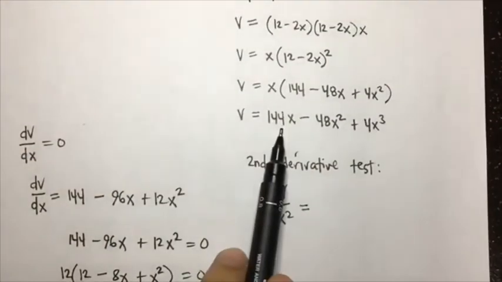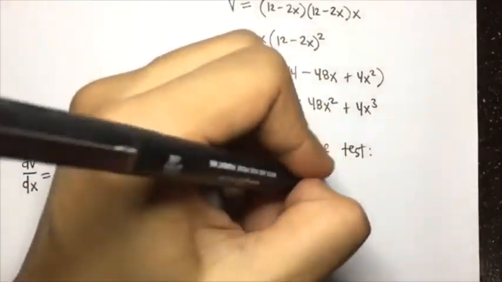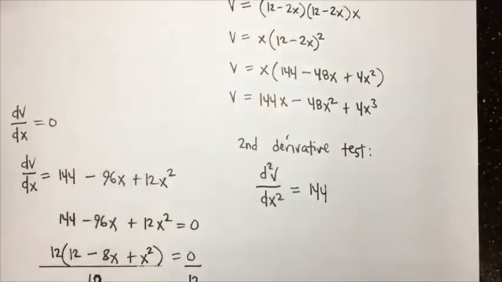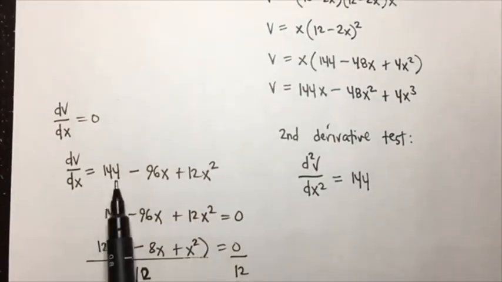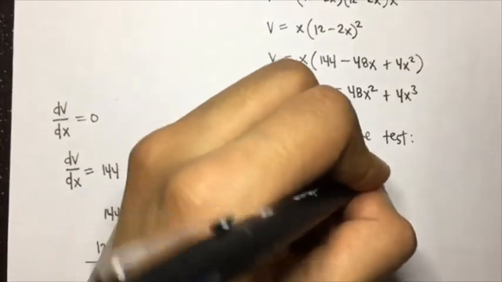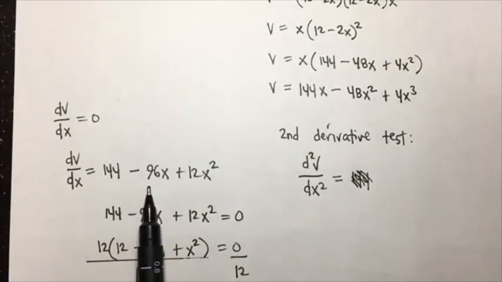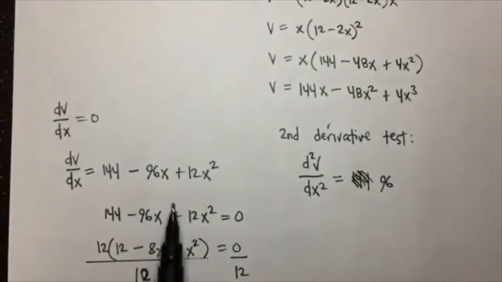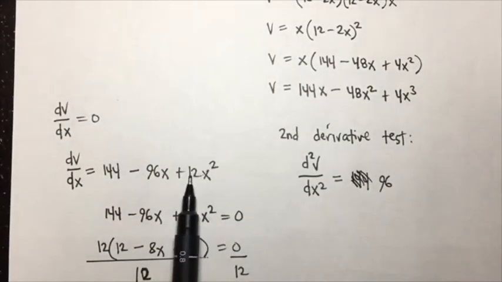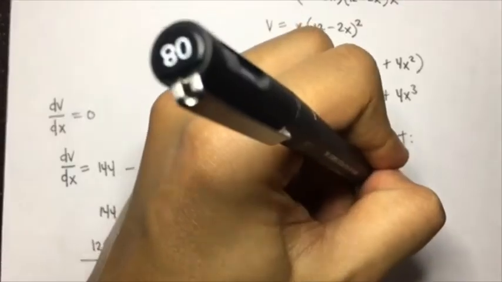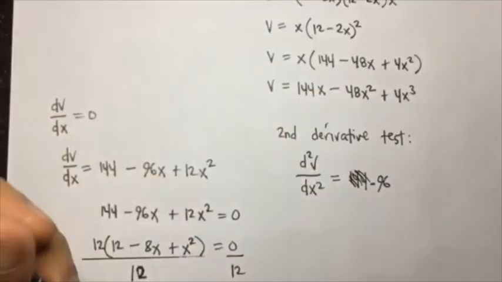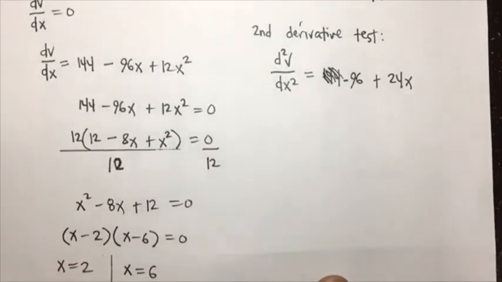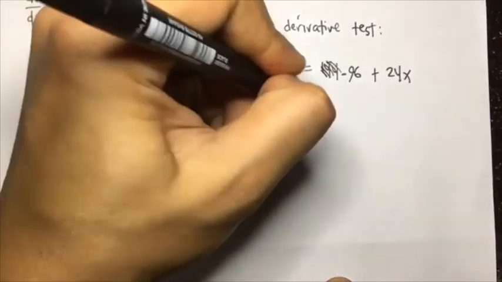Deriving this, we will have 144, this one, right? So this is wrong. The second derivative should have been negative 96, plus 12x squared. The derivative of 12x squared is 24x. So this is negative 96 plus 24x.